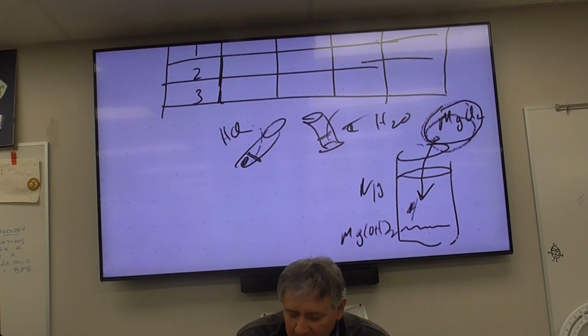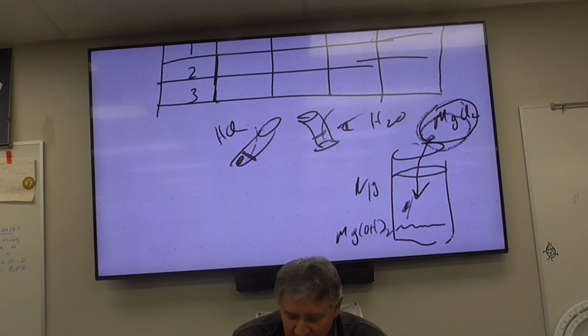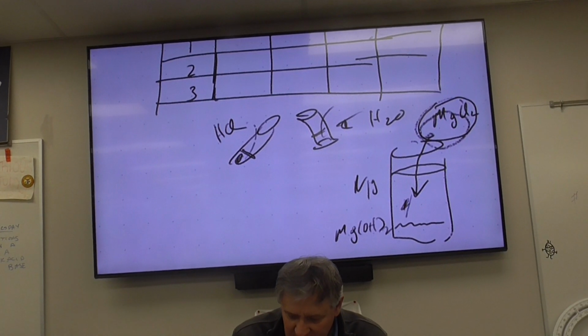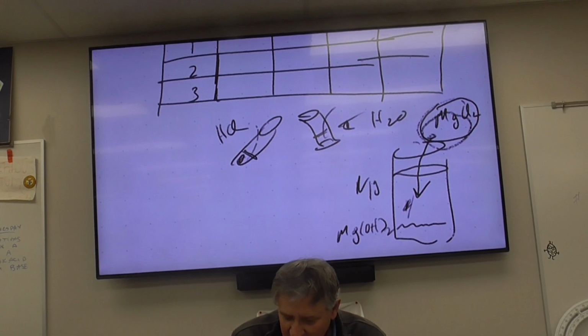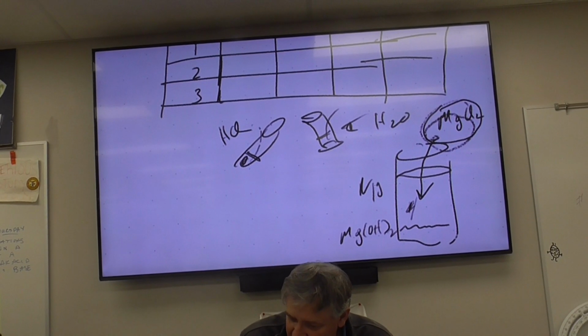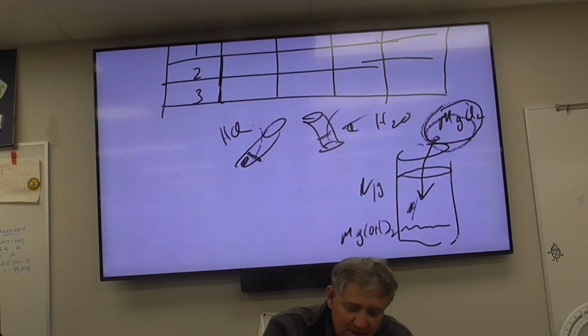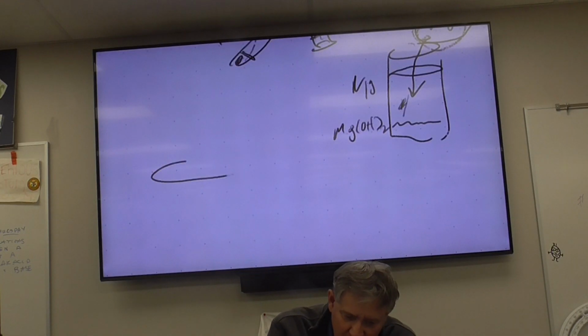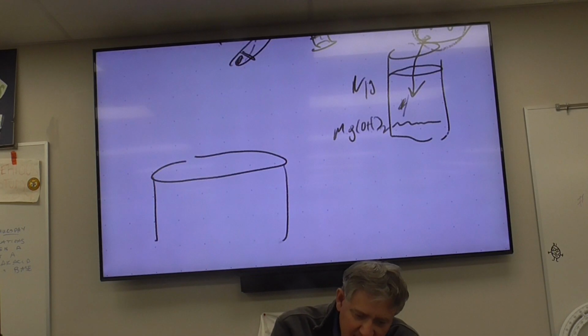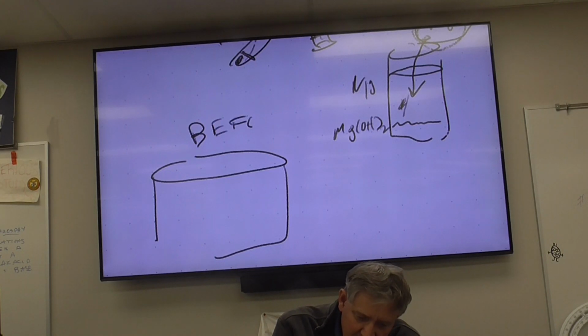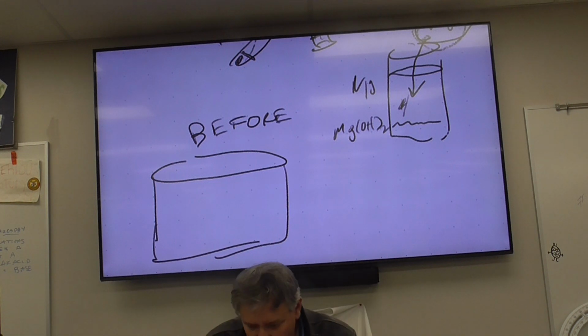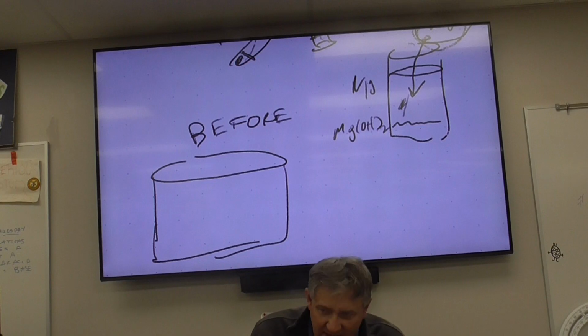Okay? Now, let's talk about what I want on question number 2. On question number 2 it says, make a sketch showing the system before the hydrochloric acid was added and after, including the solution portion. Make a second sketch showing the impact of the hydrochloric acid. So this is your chance to be a sparkling artist. Okay? Before. So down here, and this is talking about the one with the first 3 reactions, you can pick one.